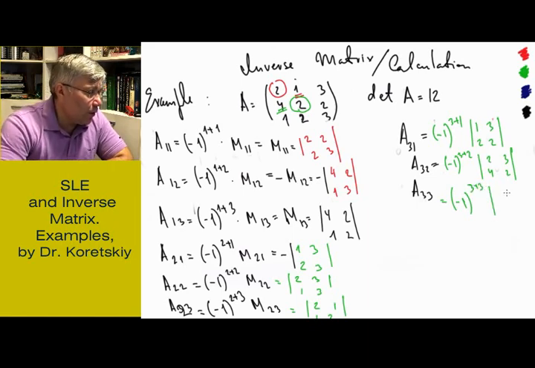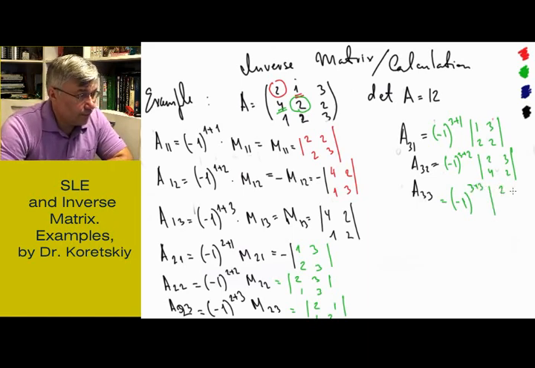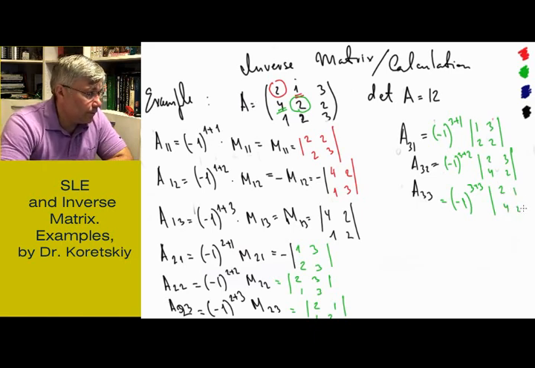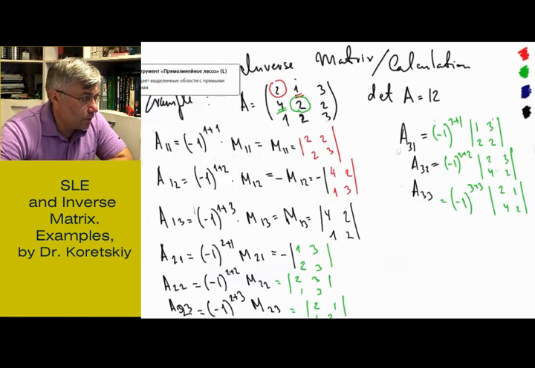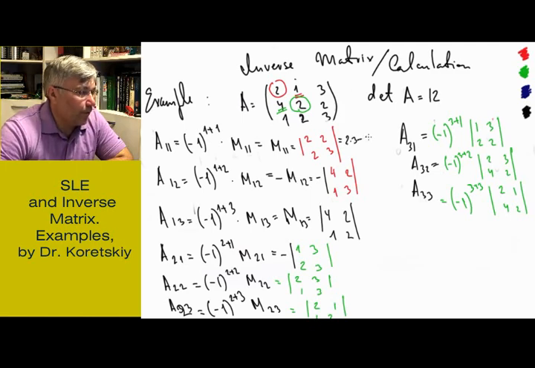And so consequently we have here, for the first one situation, 2 times 3 minus 2 times 2, and it is 6 minus 4, it is 2.